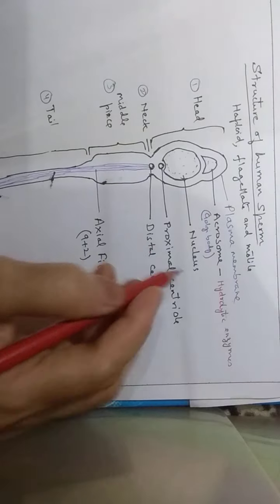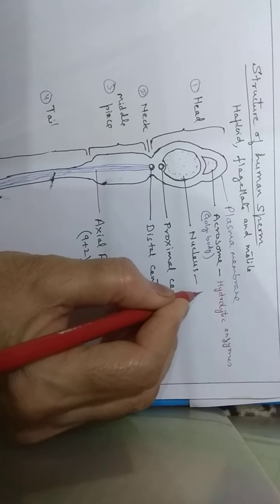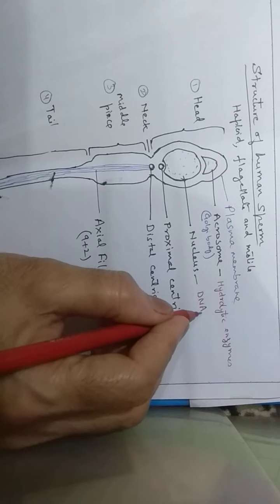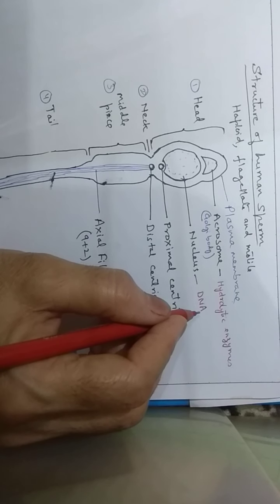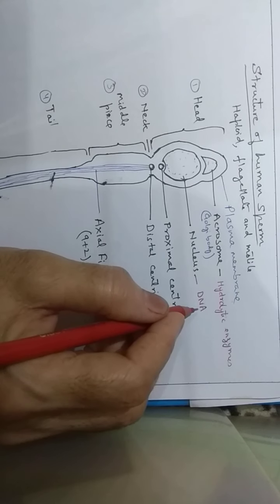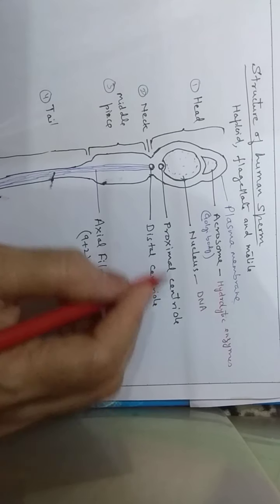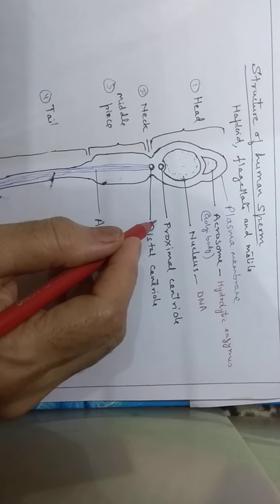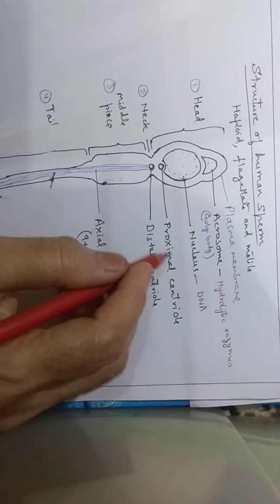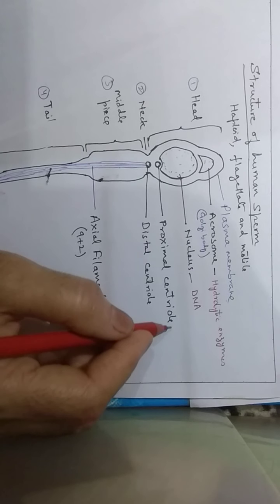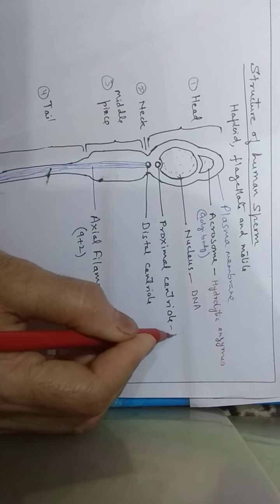Then the nucleus contains DNA, the genetic material which is provided to the progeny. The second part is the neck, and in the neck there is the proximal centriole, which helps in the first cleavage.